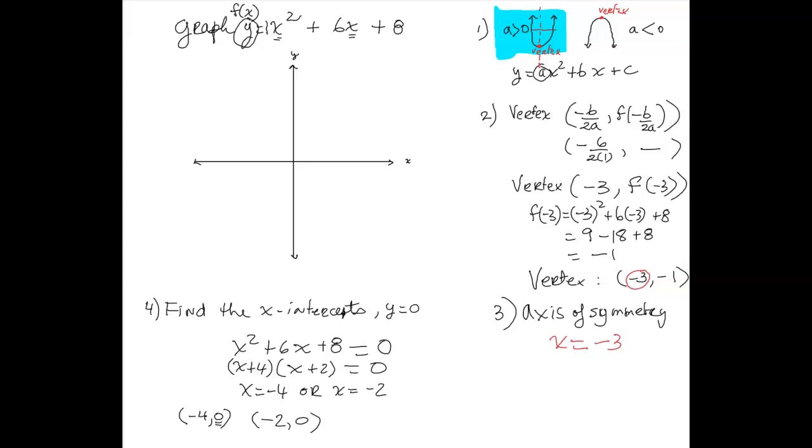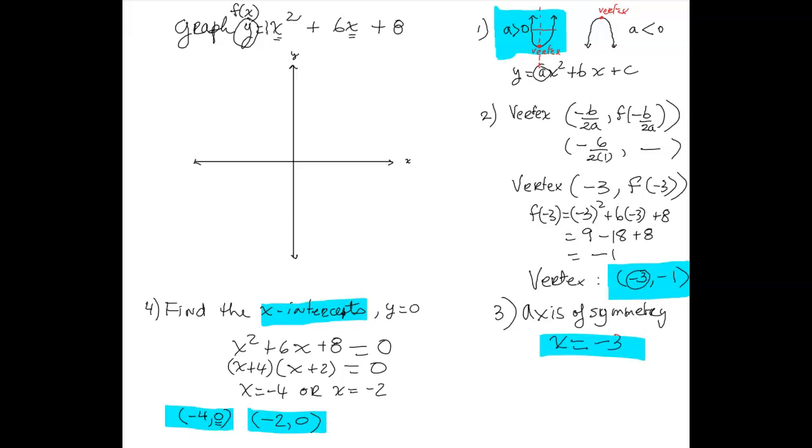So far we have the vertex point, the lowest point, and two x-intercepts. And we also have the axis of symmetry. What else do we need?